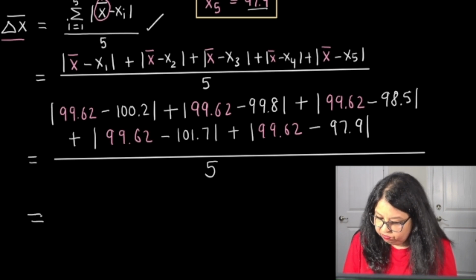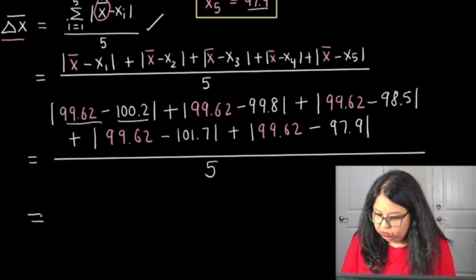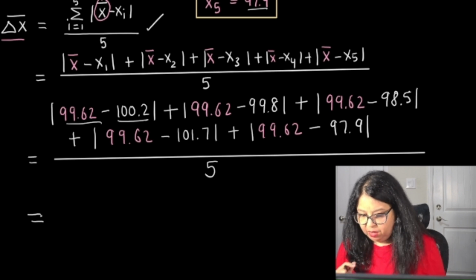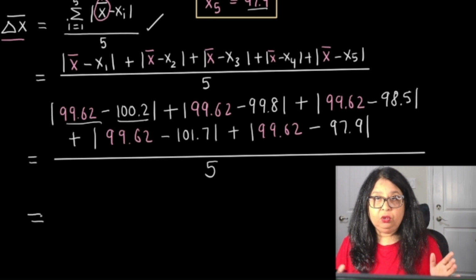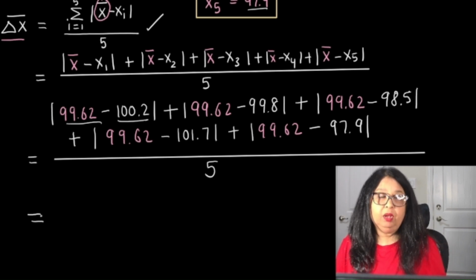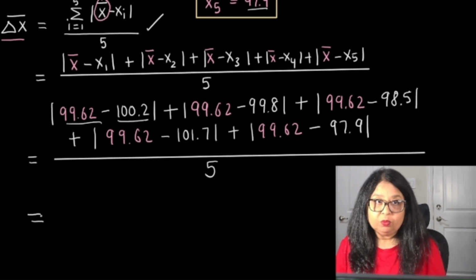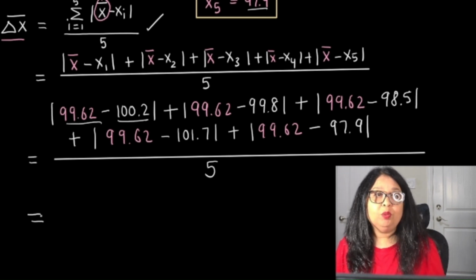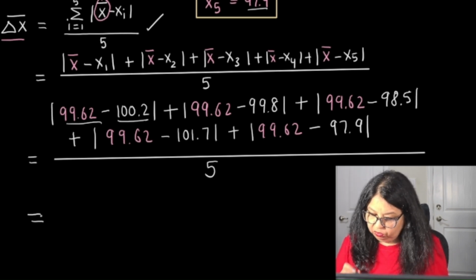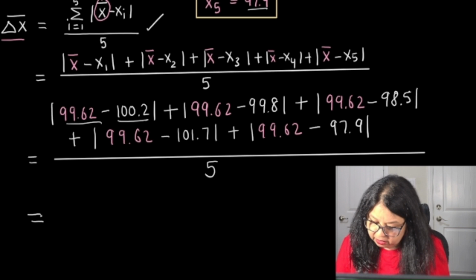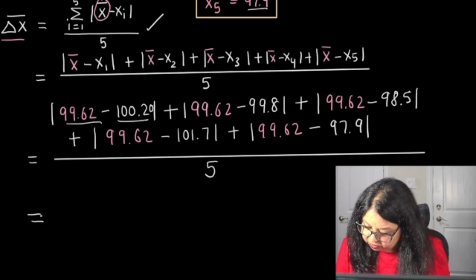Now we need these values here. So 99.62 minus 100.2. You know it's going to be a negative number, but since we are taking the modulus, the absolute value, it's going to give us a positive answer. To solve this, we're going to pretend that there are zeros here.